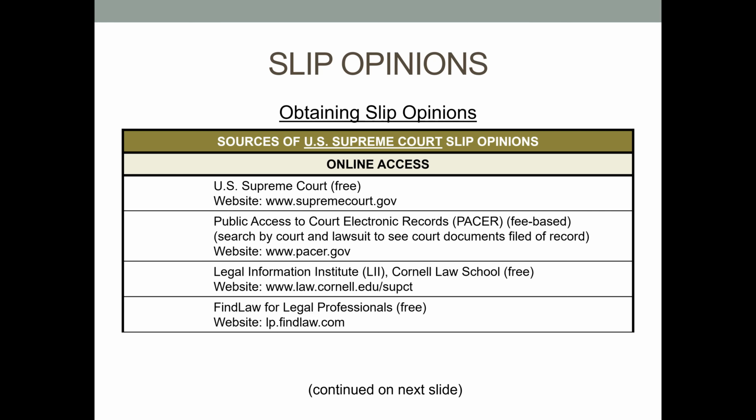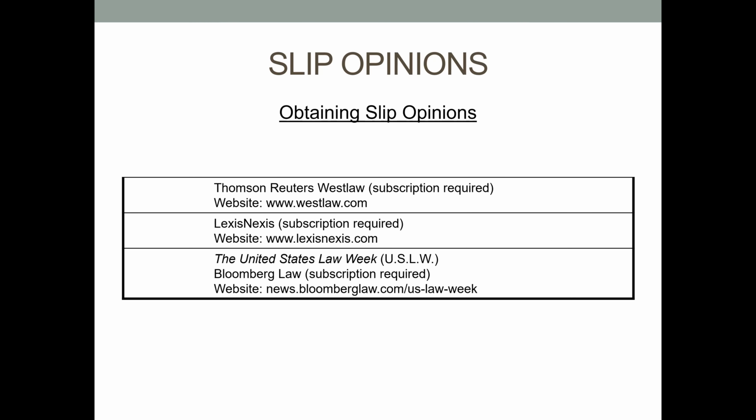We mentioned that earlier in connection with bench opinions. And also, there's a free online resource called FindLaw for legal professionals, whose website address is lp.findlaw.com. You can obtain them there as well.